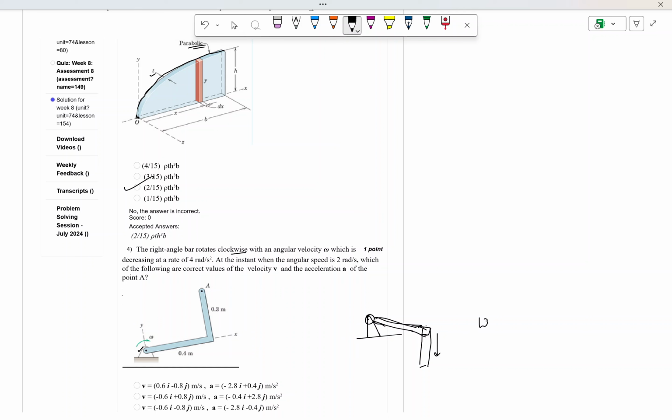So that is why your omega for this point A, for this vertical part, is minus z direction, so minus 2 radian per second, and it is negative z direction, so this is 2 k cap.